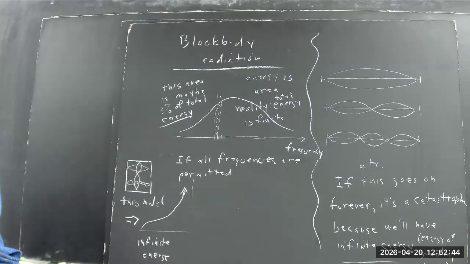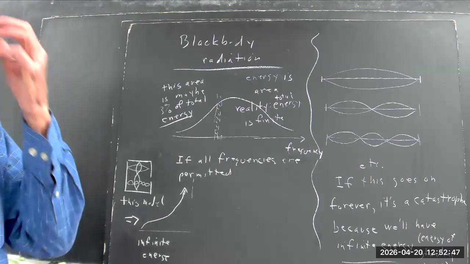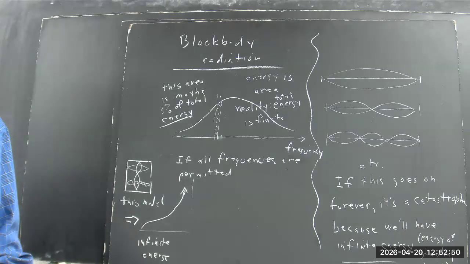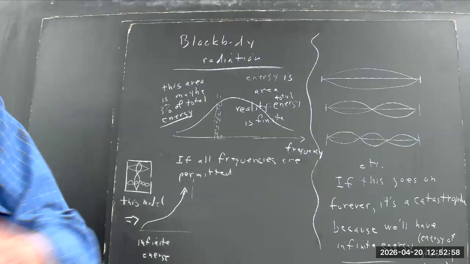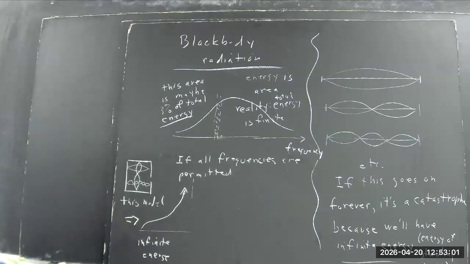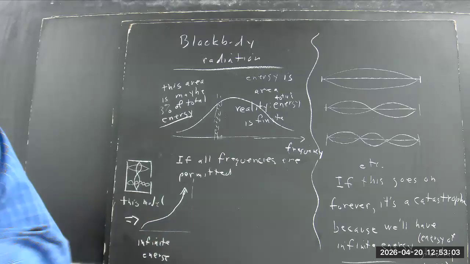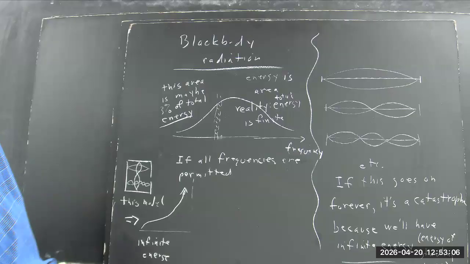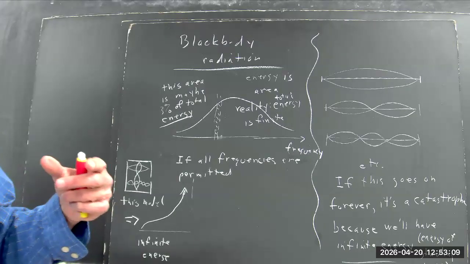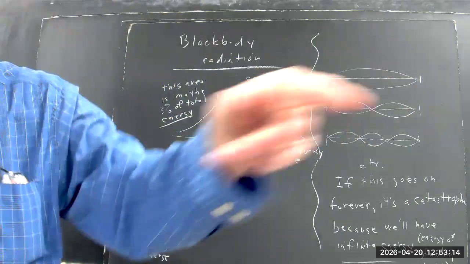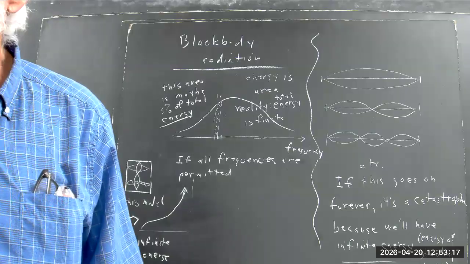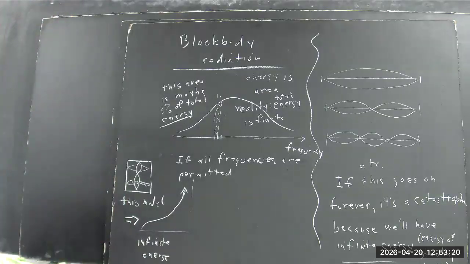Well, we'll talk a little bit more about that because we've basically developed Maxwell's equations by this point in the course. I'll describe a little bit about how Ampere's law and Faraday's law and Coulomb's law, and flux changes and creation of electric and magnetic fields create an alternating electric and magnetic field that propagates at the speed of light, and that's what allows you to see. That's what our eyes pick up. Okay, it's electromagnetic radiation.